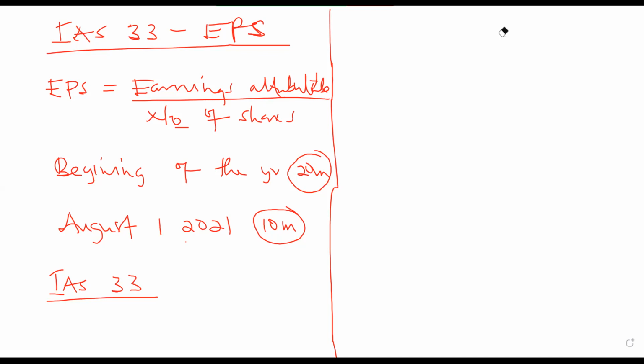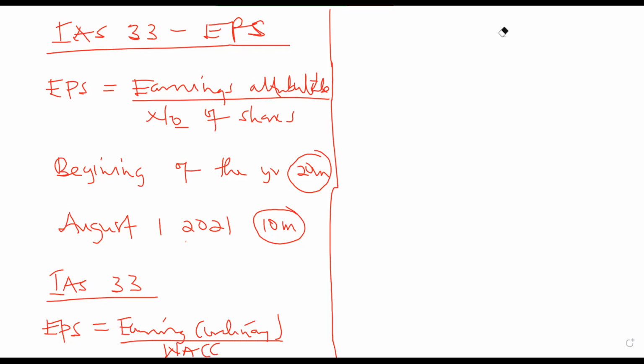So for earnings per share, if you come to IAS 33, earnings per share is calculated as the earnings attributable to the ordinary shareholders over what we call the WACC. The WACC takes into consideration the impact that the shares are going to have on the profits.